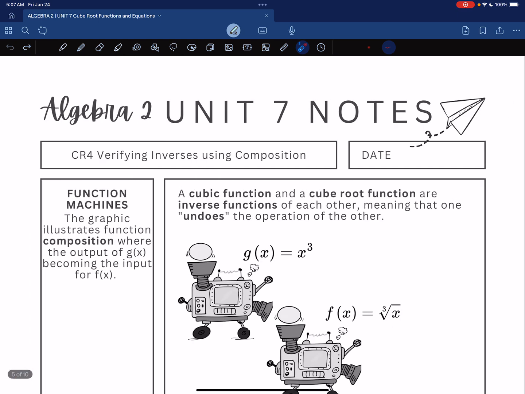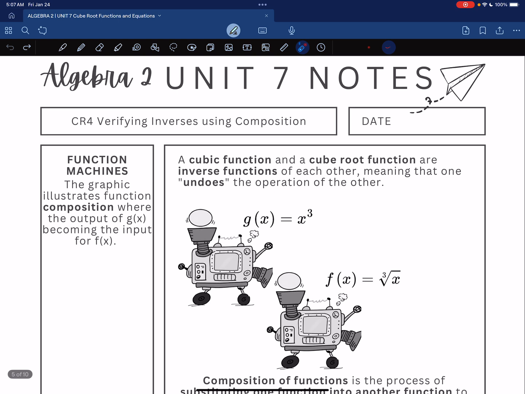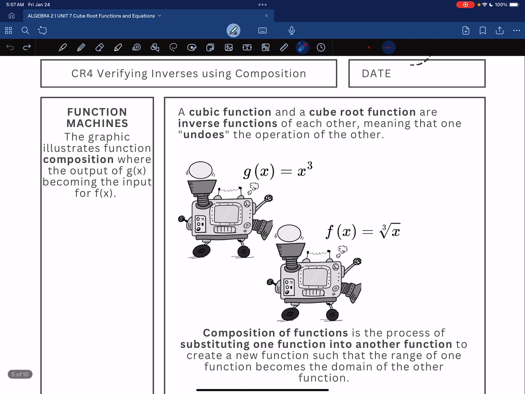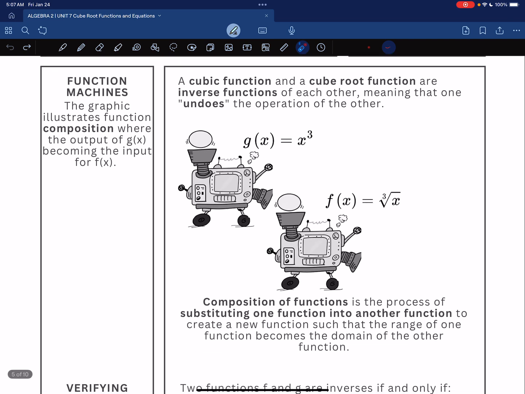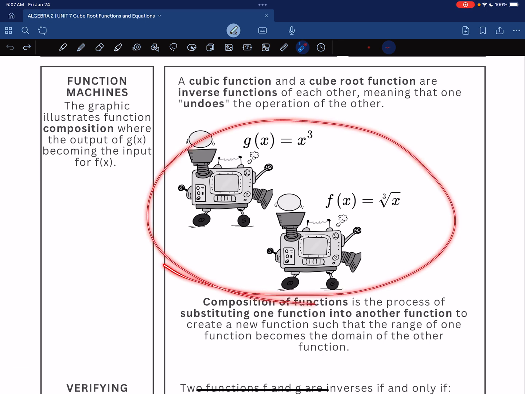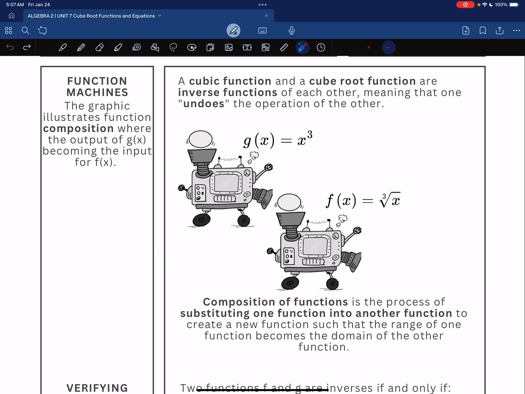But there's another property that I want to introduce to you guys about inverse functions, and that is related to this idea of composition. So here in this little graphic, we're illustrating function composition, where the output of our g function becomes the input of our f function.